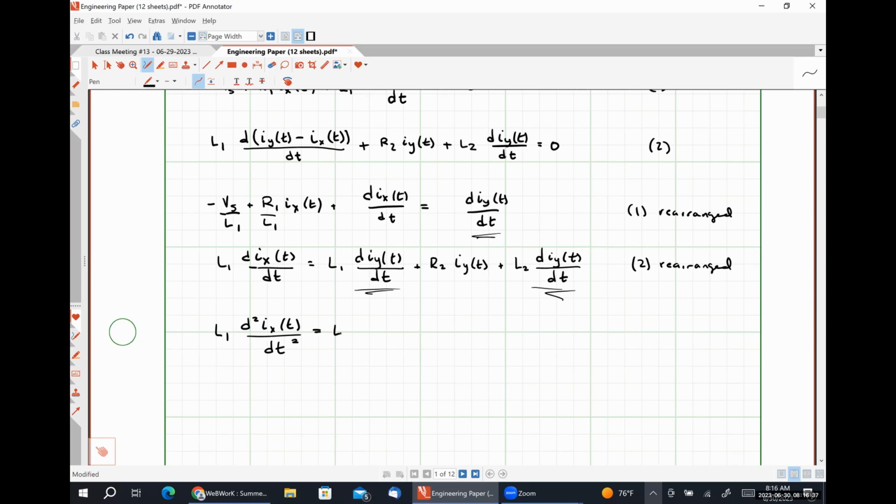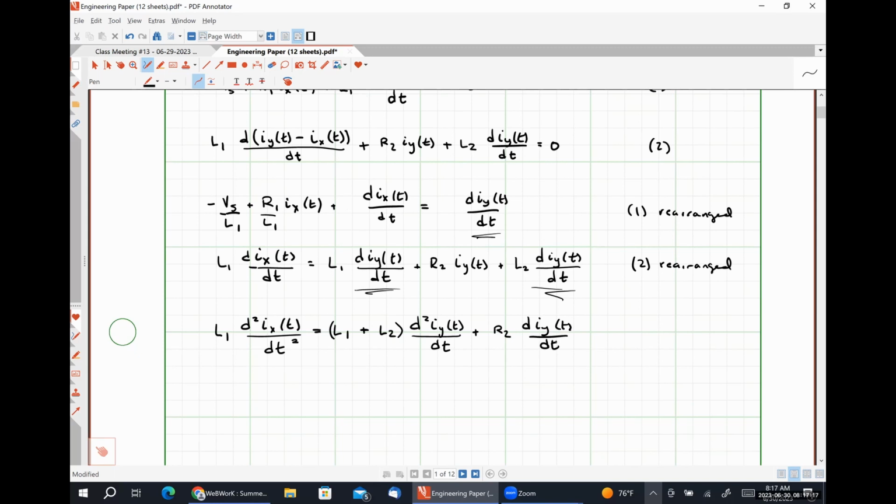I'm going to group some terms together here, plus L2 times the second derivative of Iy with respect to time, plus R2 times the first derivative of Iy with respect to time.